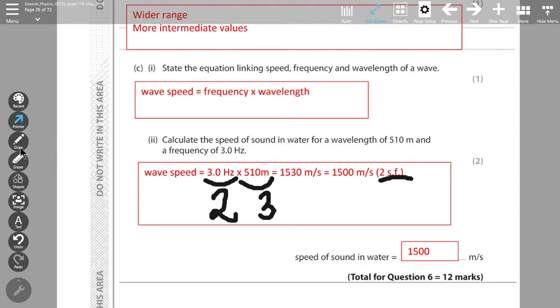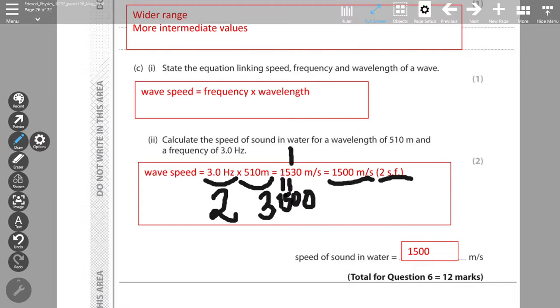When we round to 2 significant figures, we keep 1. And when we talk about 5, we look, this is less than 5, so this remains unchanged, and the rest becomes zeros. As a result, we have 1,500, this answer.